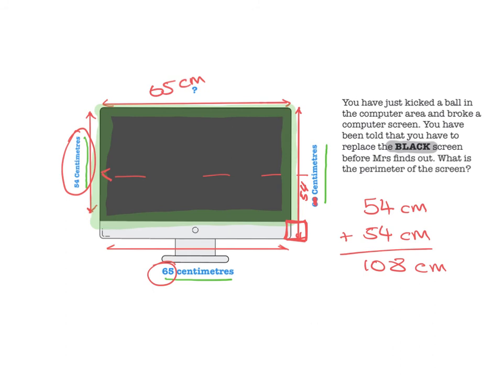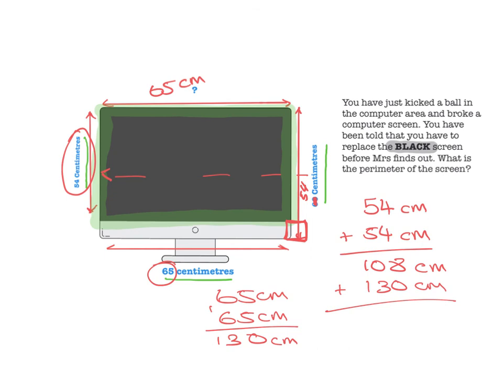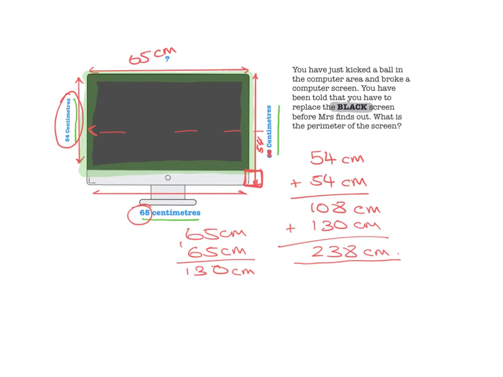We then have 65 centimeters add 65 centimeters equals 130 centimeters. We can add those both together, and that equals 238 centimeters, which, what is that in meters? We divide that by 100, equals 2.38 meters.